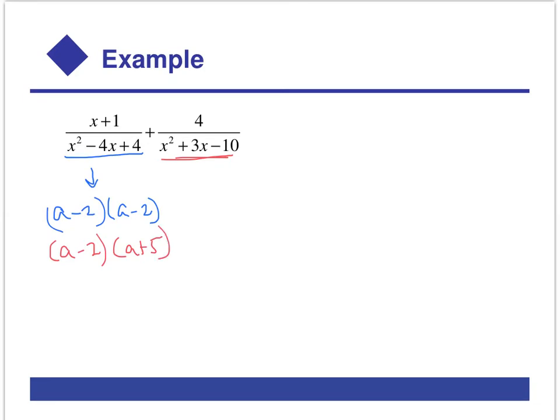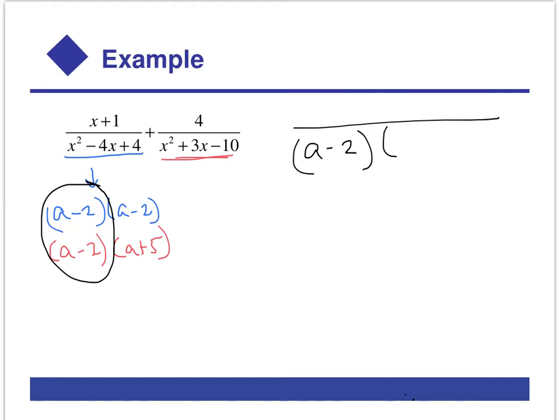So our common denominator is going to be a minus 2 times a minus 2, because that was what was left in the top, and then a plus 5.